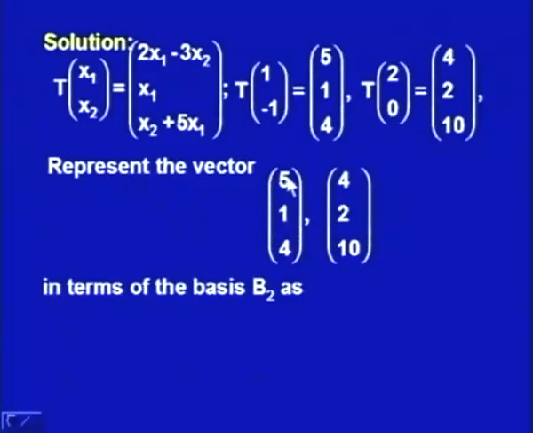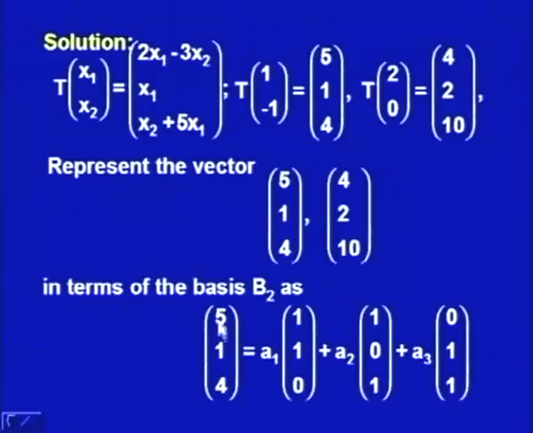Now, we try to represent the vectors (5, 1, 4) and (4, 2, 10) in terms of the basis B2. So, (5, 1, 4) is represented as a linear combination of the basis vectors (1, 1, 0), (1, 0, 1) and (0, 1, 1). We have to determine A1, A2, A3 so that this equation is satisfied.